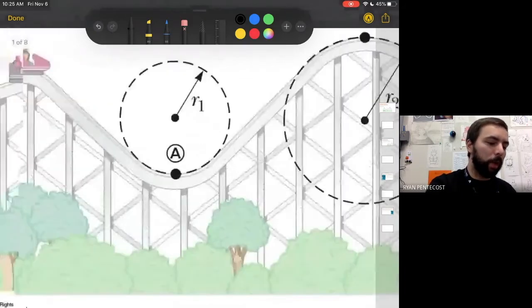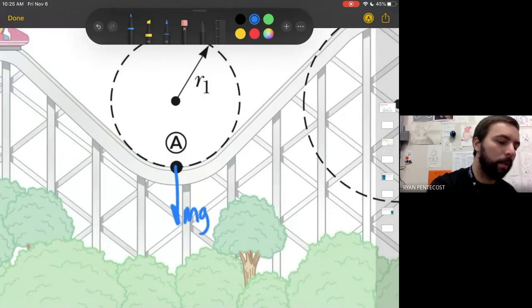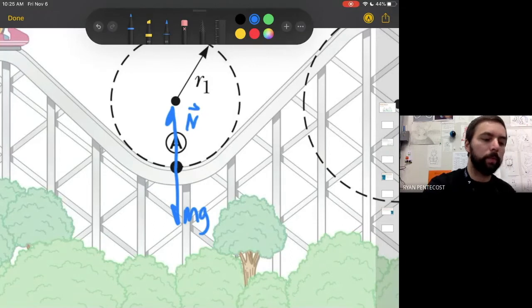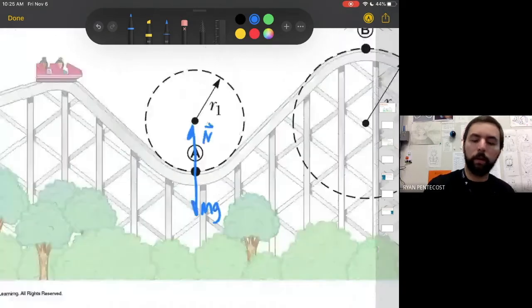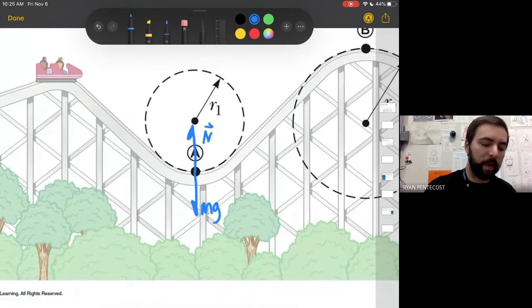If we look at point A, we have an mg going down, and then we have a normal force going up. Okay. Now, how could this go wrong? Well, it's kind of hard. You can't launch yourself off of a roller coaster at the bottom of a little valley like that.